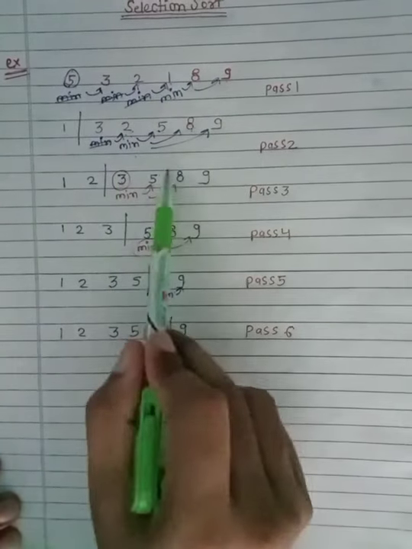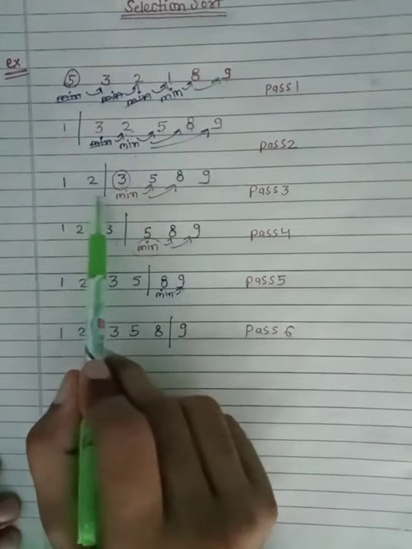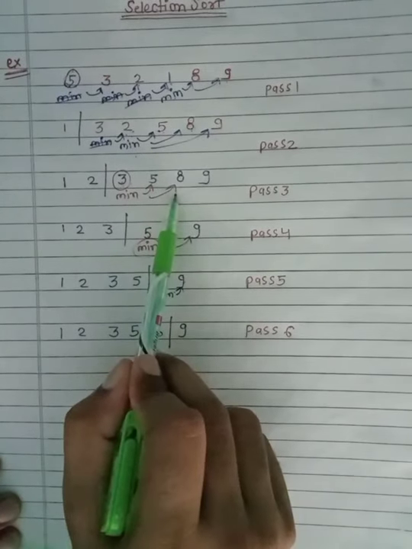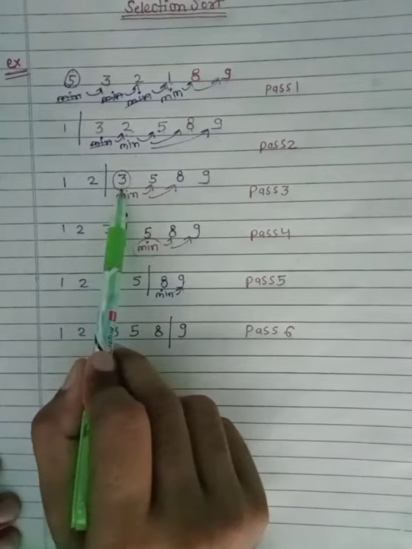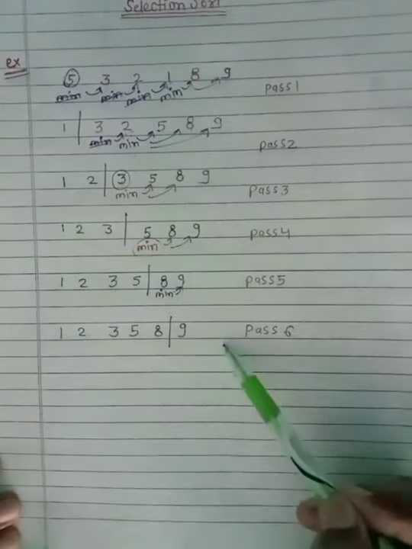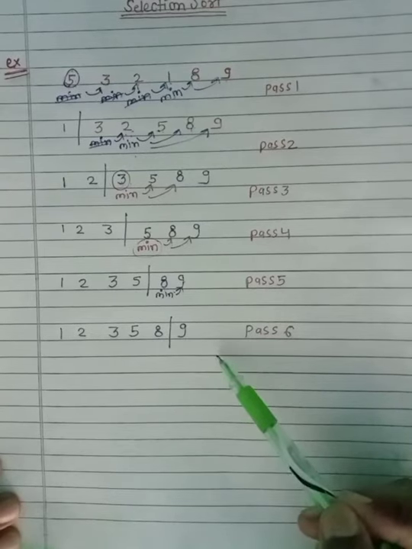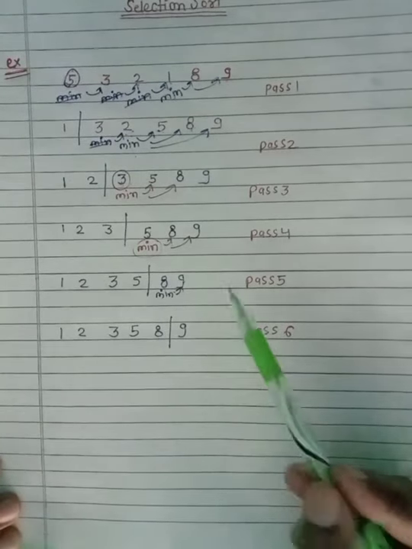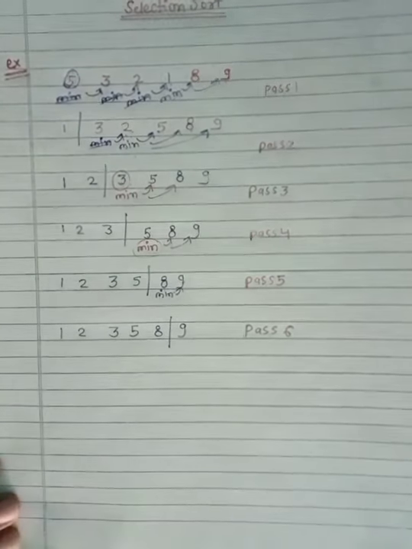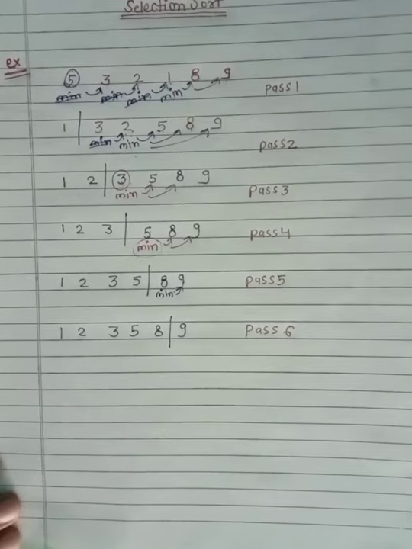Then in the third pass we'll traverse for the third minimum value from the array and shift it to its correct position. So in each and every pass we just select the minimum value and put it at its correct position. So this is the way selection sort works.